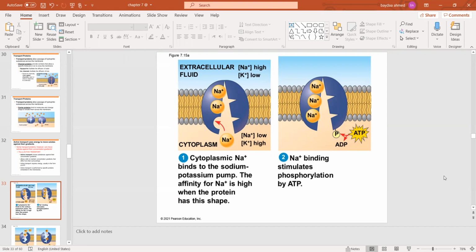So certain proteins like the sodium-potassium pump use up ATP, the molecule that is the currency of cellular energy, to move sodium ions out of the cell and potassium ions into the cell against the concentration gradient, from low concentration to high concentration.